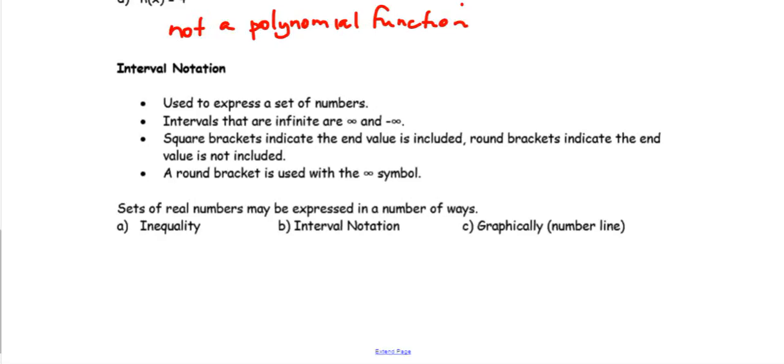So sets of real numbers may be expressed in a number of ways. We can use set notation or inequality notation. We can use interval notation, which you're going to learn, and we can use a number line, or express domain and range graphically as well.